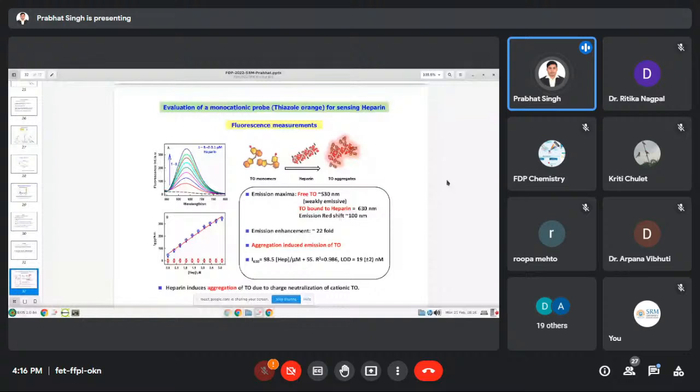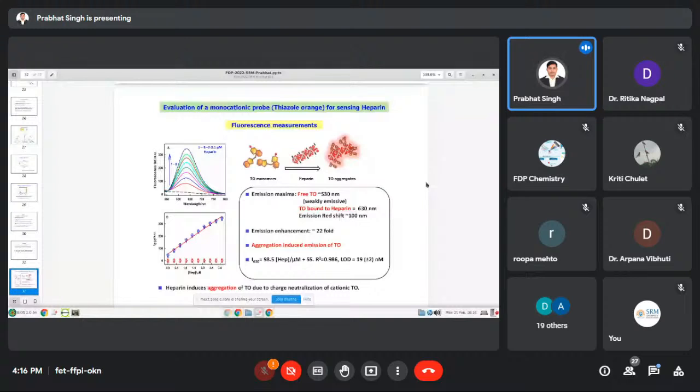It's again monocationic. I have put a charge here just to show you that this is cationic. Then we thought maybe thioflavin T has some issues. So maybe if I take a similar class of molecule, cationic only, but some other chromophore, then maybe it can perform better. With that in mind, we tried exploring various cationic molecules.